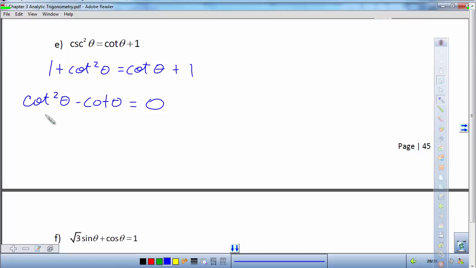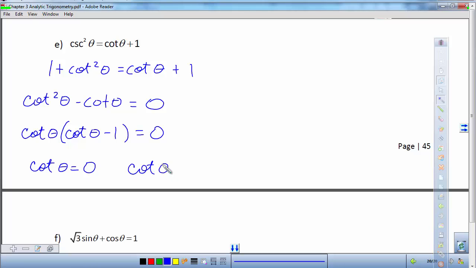Factor out what? Cotangent theta. Very good. I'm left with cotangent theta minus 1. So I need to know where cotangent theta is equal to 0 and also where cotangent theta is equal to 1. I set each factor equal to 0.